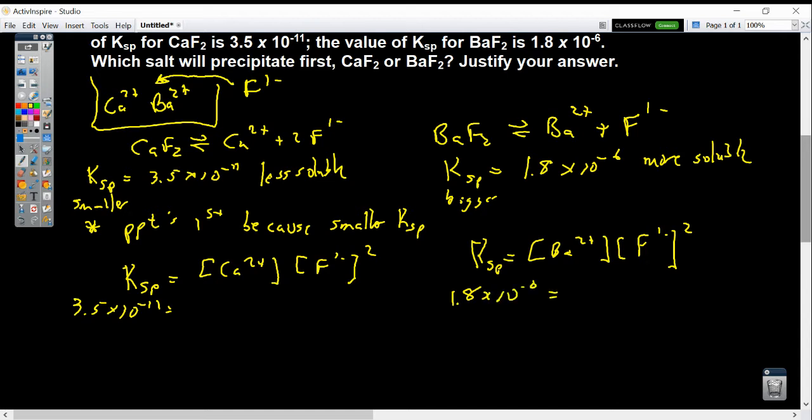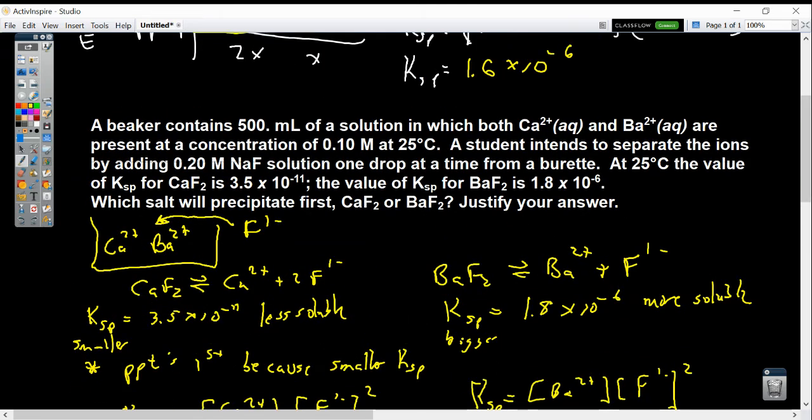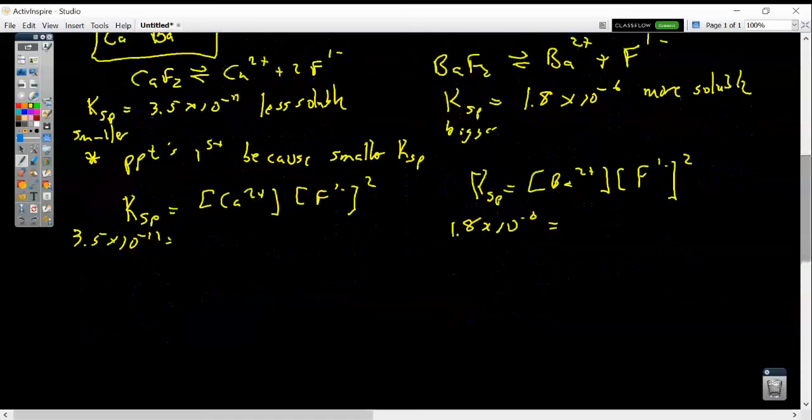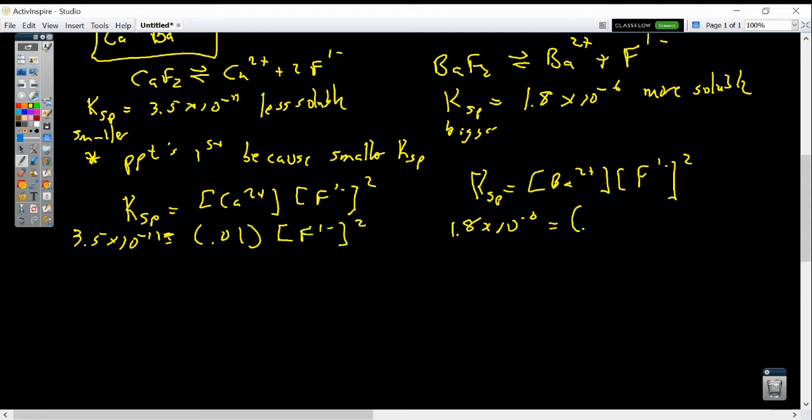And we know the concentration of calcium and the concentration of barium. That was given in the problem. You might have ignored it. 0.01 molar. So why don't we substitute that in? This is 0.01 times some concentration of fluoride squared.